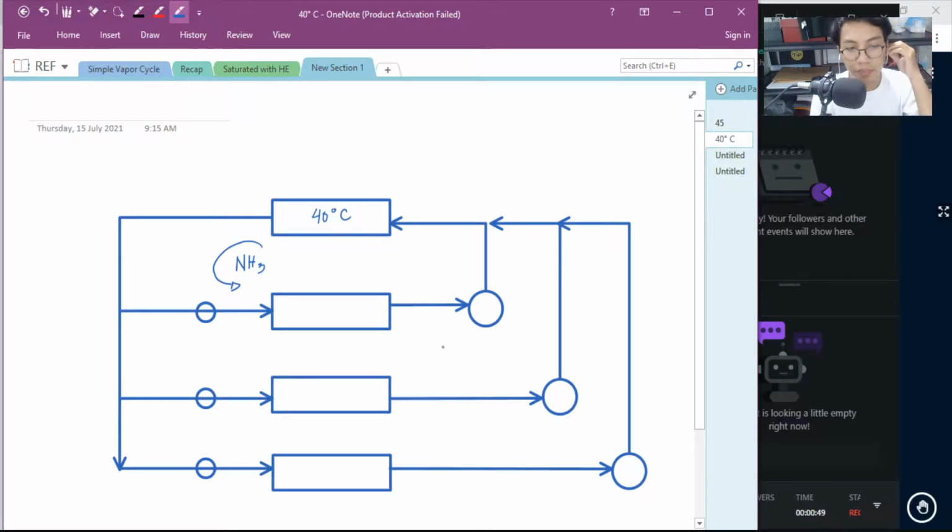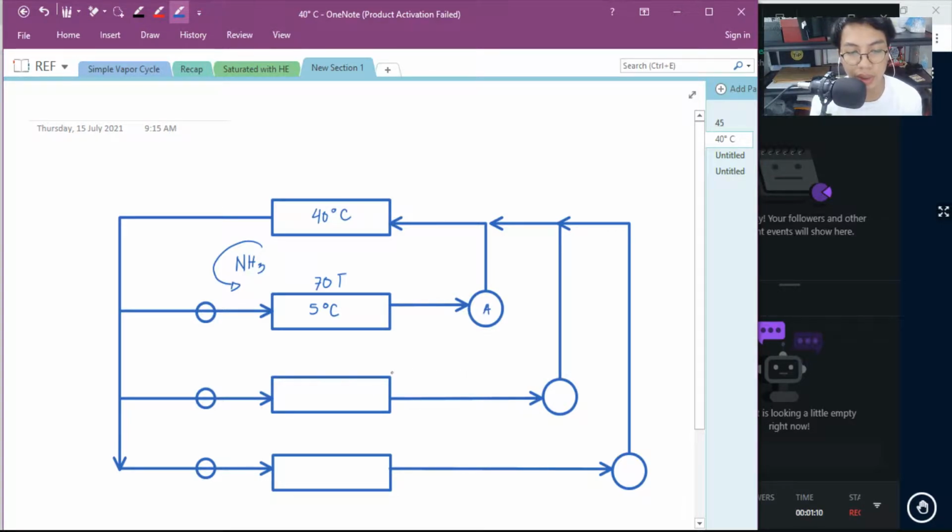Now, you have your first evaporator at 70 tons capacity and 5 degrees Celsius temperature. Your first compressor is here.